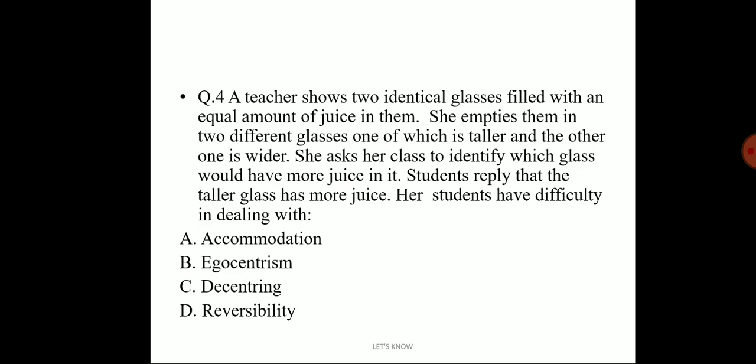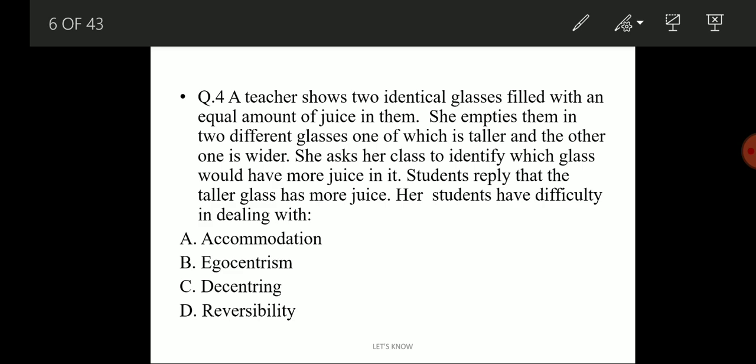Reversibility is the process by which we can make something reverse, that means we can change the direction. So our correct option here will be decentering, because the teacher is keeping the juice in the same volume, just changing the shapes of the container.